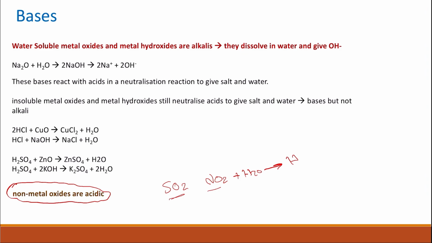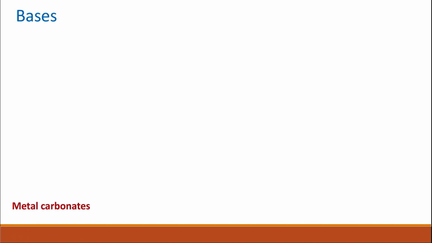Like nitrogen oxide with water will give you nitric acid, which will then give you the hydrogen ion and the nitrate. Same thing here for sulfur oxides. When they dissolve in water, they will also give you acids. So non-metal oxides are acidic, not basic.